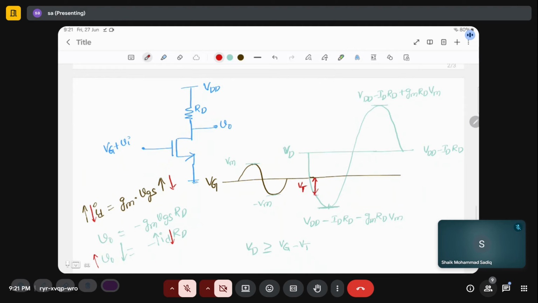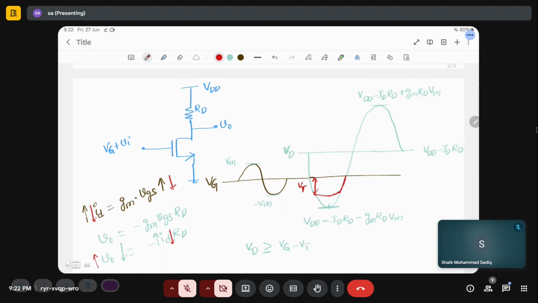Here it cuts down something like this, and then follows this curve.